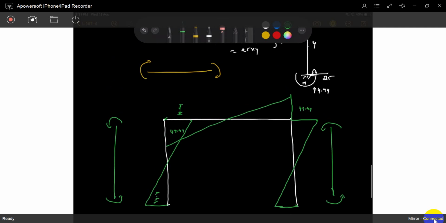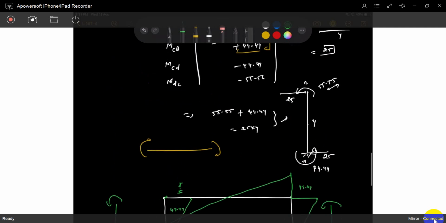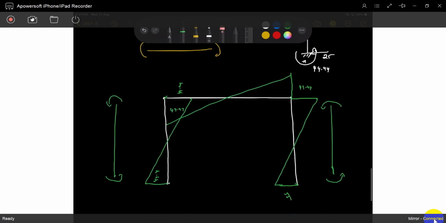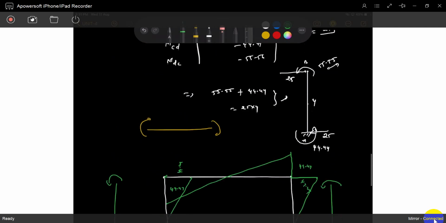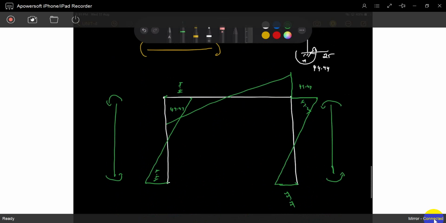What is that value? That value is 55, 44. So this value is also 55. I wrote it wrong. It is 55.55. This is 44. So 55, 44.